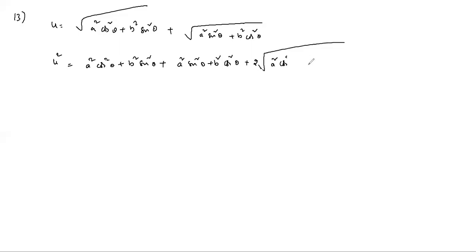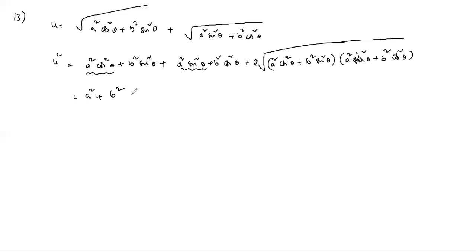Root of a square cos square theta plus b square sin square theta into a square sin square theta plus b square cos square theta. A square cos square theta plus a square sin square theta is a square. Similarly, this is b square plus 2 into root of. Now we have to multiply this one.